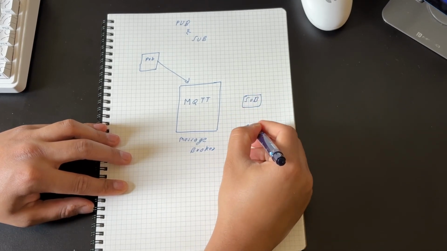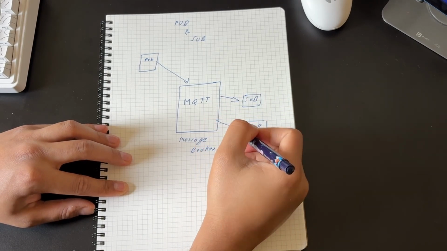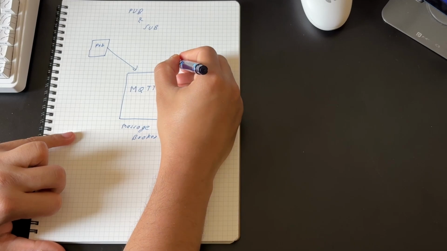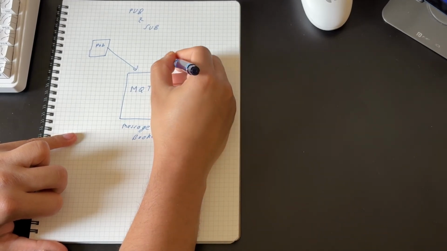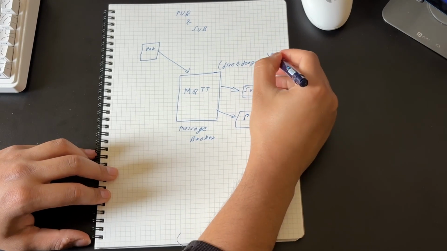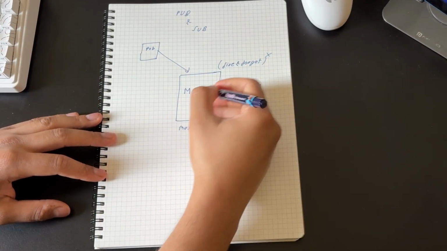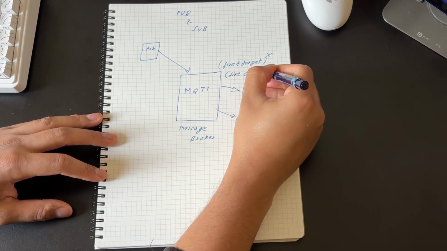So the publisher will publish, and if there are multiple subscribers subscribed to the same channel, they are going to get the same message. But there's a problem with this that I faced. It's fire and forget by default, and we need to change that. So if you are writing code, you need to change the mode so that it is at least sending the message once.